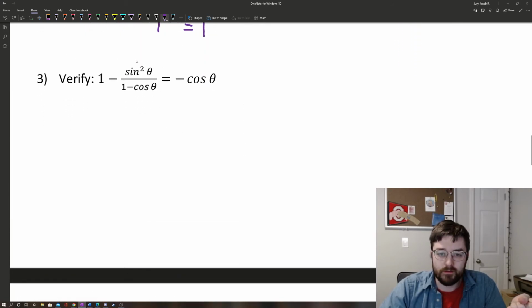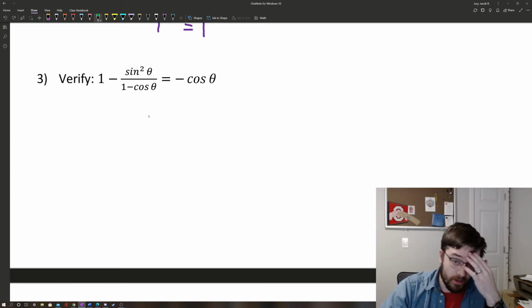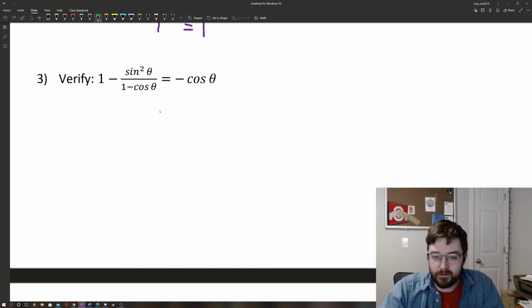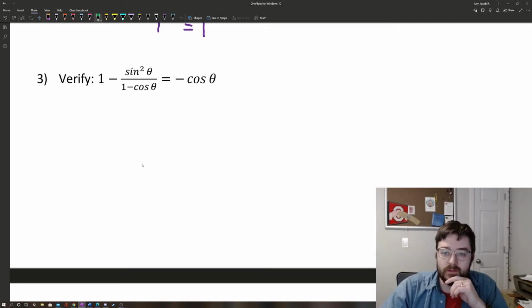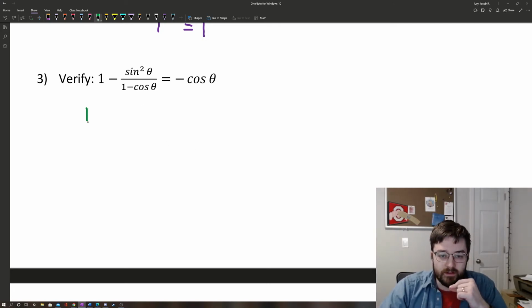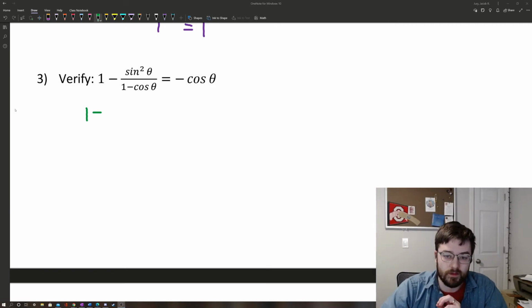This third one is going to ask us to take 1 and subtract it from this fraction. Now, I don't like this one because the denominator has addition or subtraction in it, and that looks pretty messy. I'm going to leave the right side alone, but I'm going to start this one off with a trig identity.